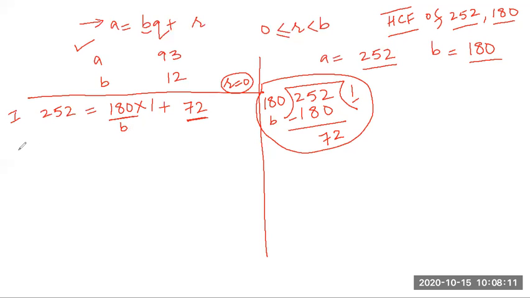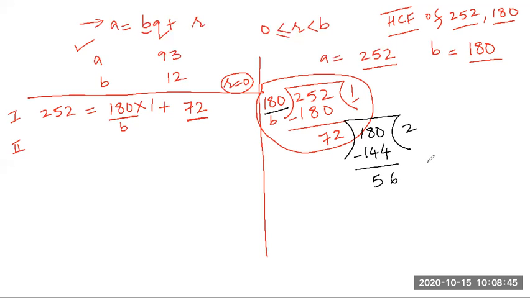So now, for the second step, I keep 72 here, and I make this divisor the dividend. So 180 goes inside, right? Now 72 ones are 72, I can still go further, 72 twos are 144, right?